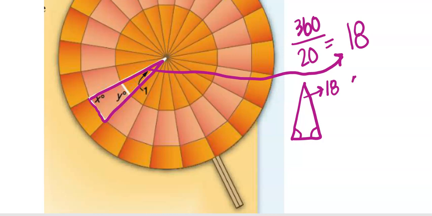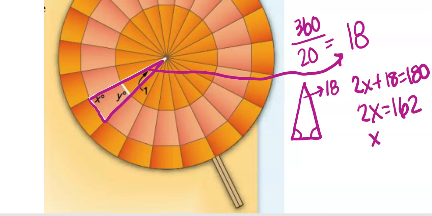So I'm going to go 2x plus 18 equals 180 because there's 180 degrees in a triangle. 2x equals 162, and x would be 81. So this angle right here is 81, and this angle right here is 81.